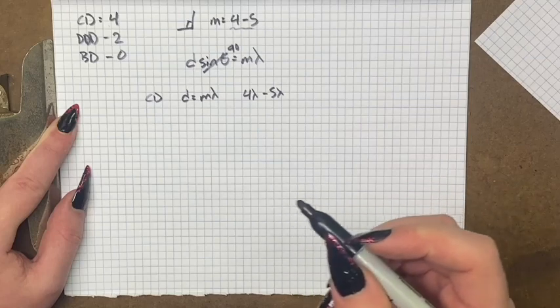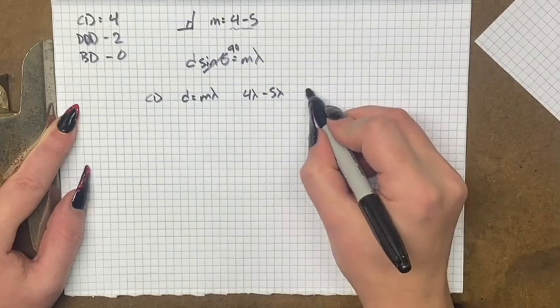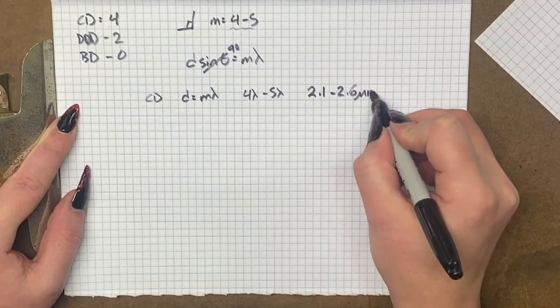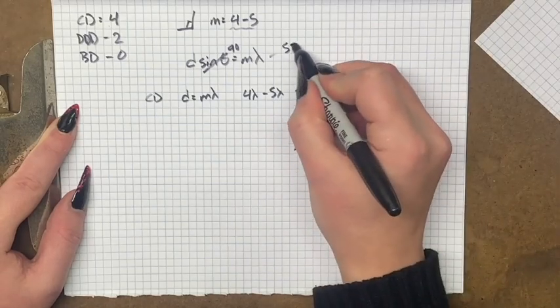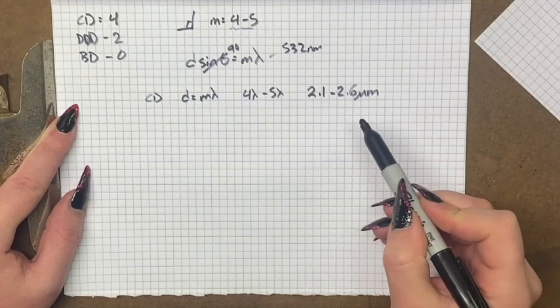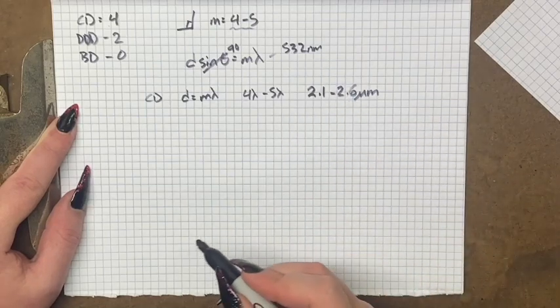And I already did the math on this with the calculator. We got 2.1 to 2.6 micrometers, which is really 532 times 4, or 532 times 5, and then the 1,000 conversion.